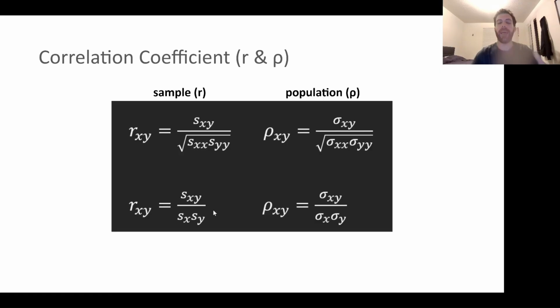And now you have a standardized statistic that is bound between 1 and -1. So whatever set of data I'm looking at, the interpretation will always be the same.